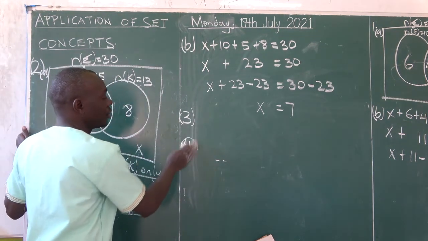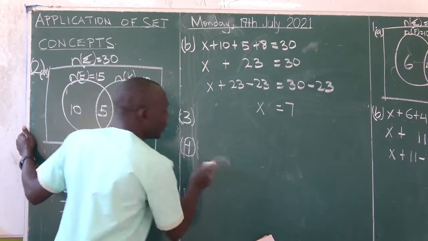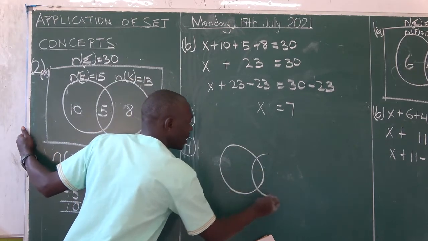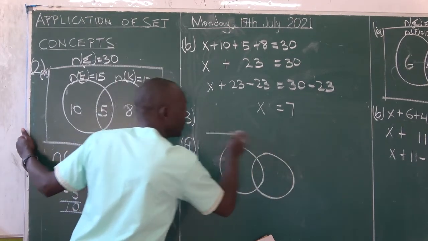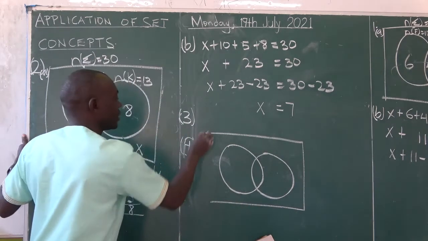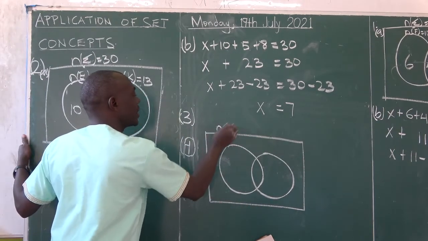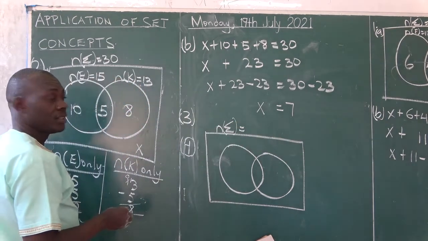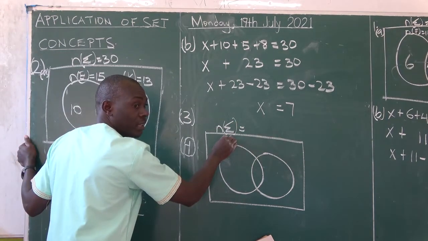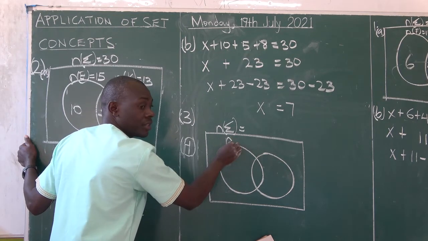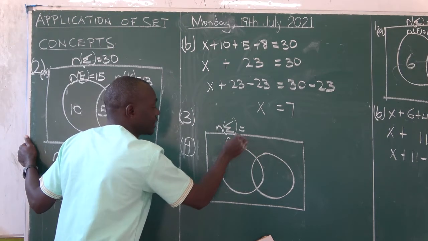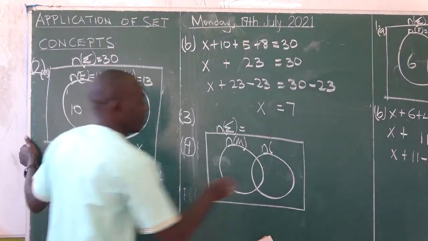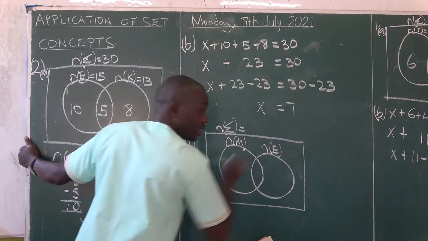Represent that information on a Venn diagram, which you are going to draw properly and then show accordingly. Name the sectors properly. Number of elements in the universal set. You will have number of elements in set M representing math, then number of elements in set E representing English.